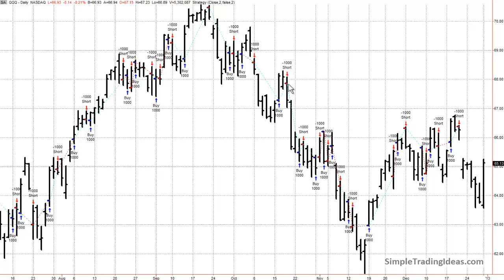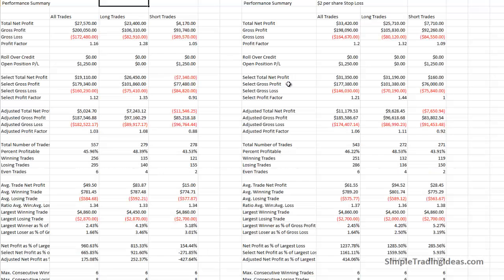So let's take a look at the results of the simple 2-day moving average system, with and without the risk control of the stop loss. Here we are in our Excel spreadsheet, and if you recall, this 27,570 was a result, the total net profit was a result of using a 2-period moving average on daily QQQ data.